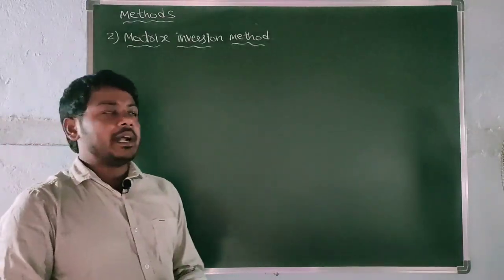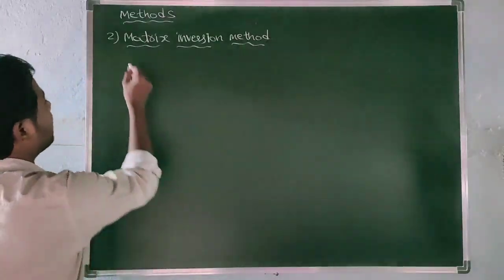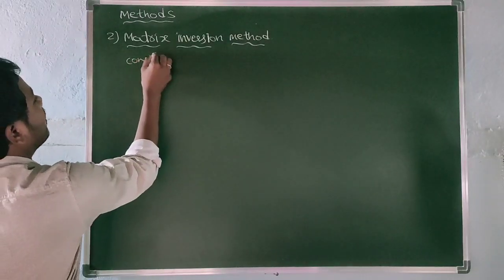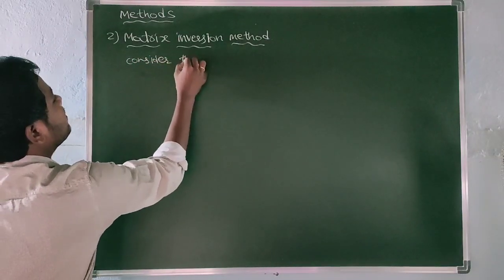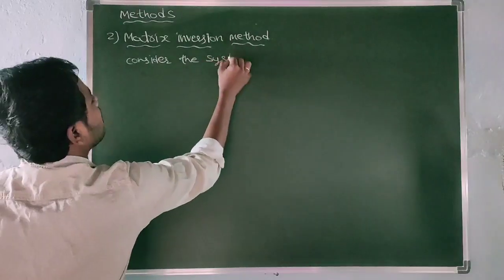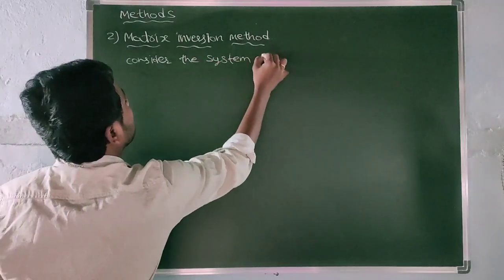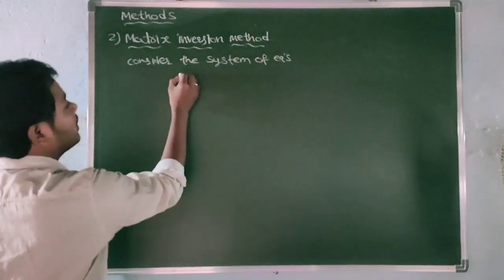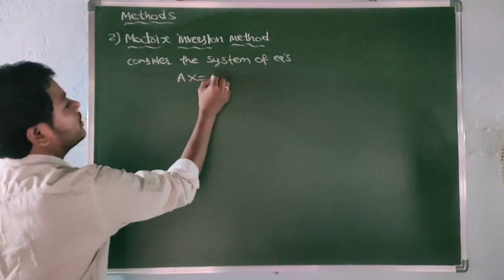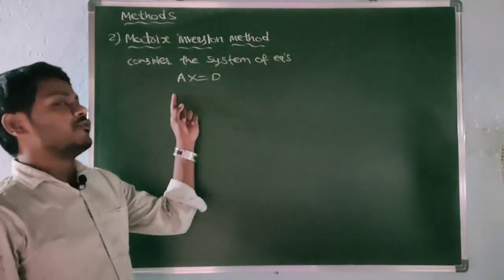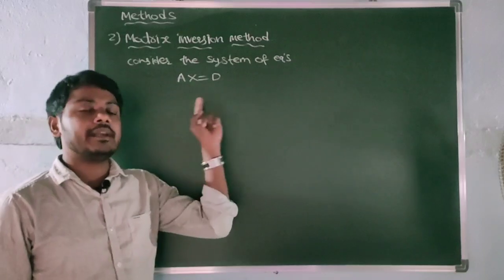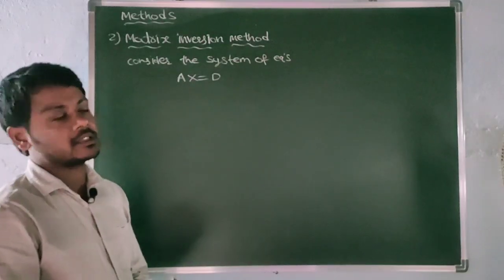So second one, matrix inversion method. Here consider the system of equations AX is equal to D. Here A is the coefficient matrix, X is the variable matrix and D is the constant matrix.